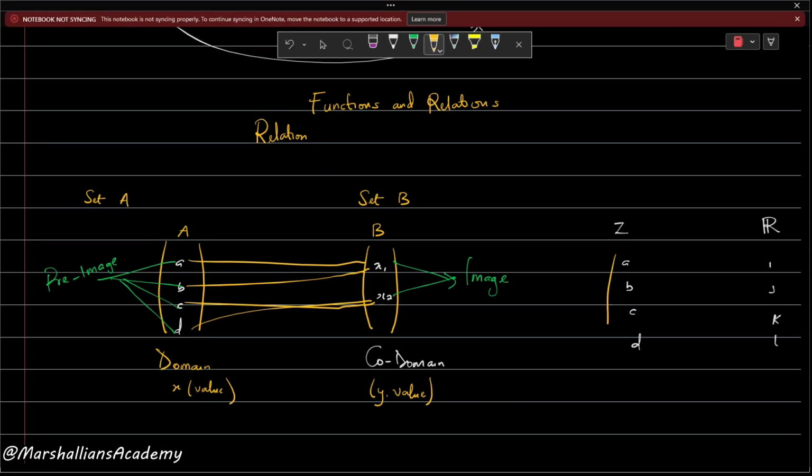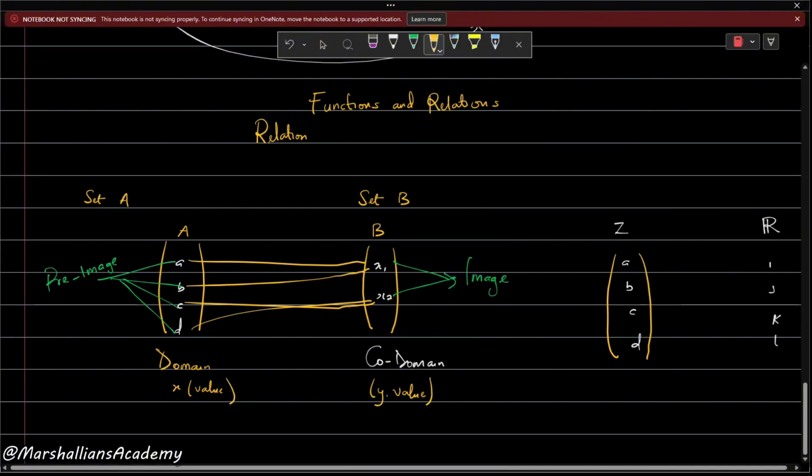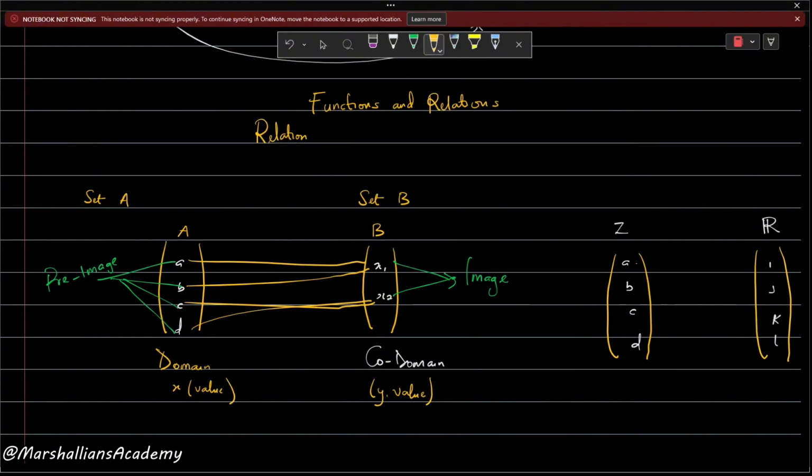Now, if we draw a map of this relation, and after drawing a map, we establish that there was a relationship between these elements that I'm drawing for you. Now you see why we choose to call this the codomain and not just the range.